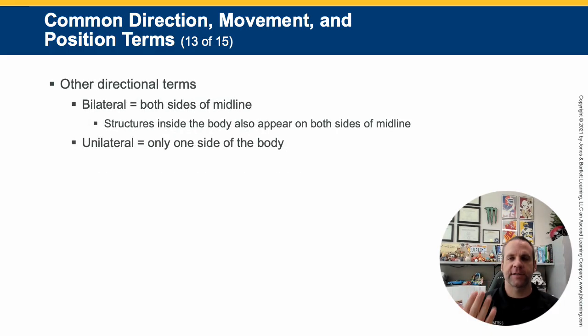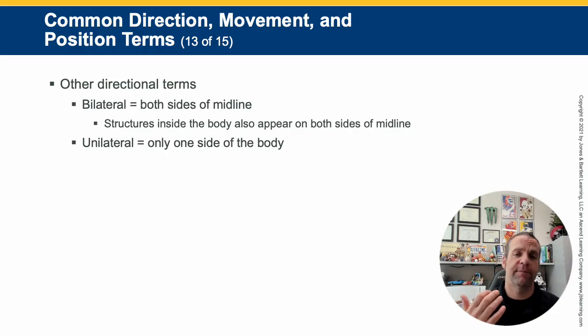As we expand, other directional vocabulary that we can focus on is bilateral and unilateral. Again, we hit on it a little bit, but these are really essential descriptors, especially in EMS, where time is limited and comparison plays a major role in your assessment. So bilateral means that a structure or condition is present on both sides of the body.